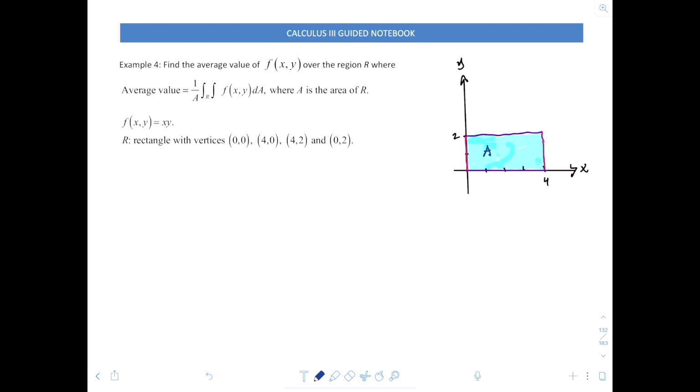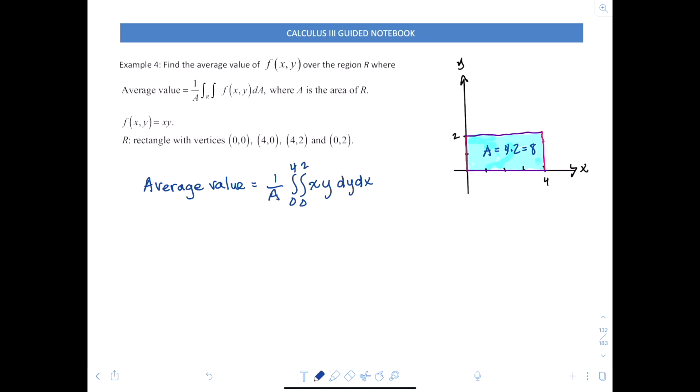The area, we know here, it's 4 times 2, which is 8, base times height. And so with our average value in general being equal to 1 over a times the double integral, if I make this vertically simple, I'm doing the dy dx, and so y is ranging from 0 to 2, x is ranging from 0 to 4.